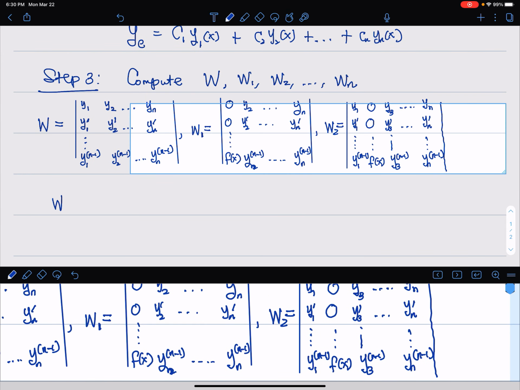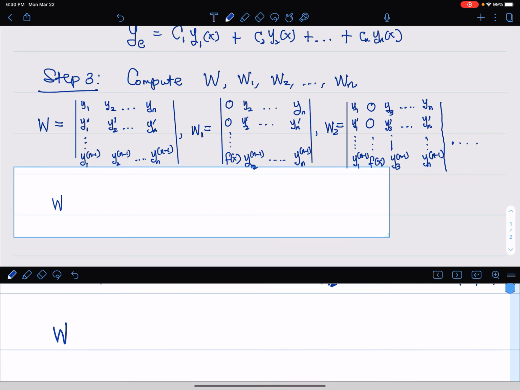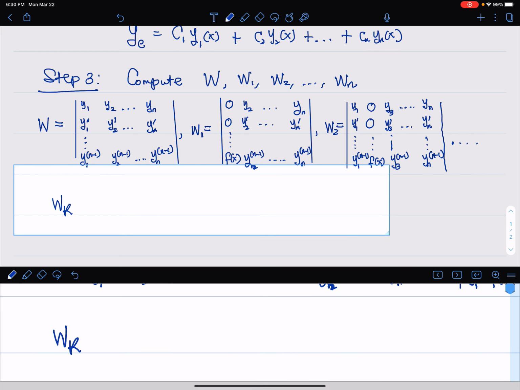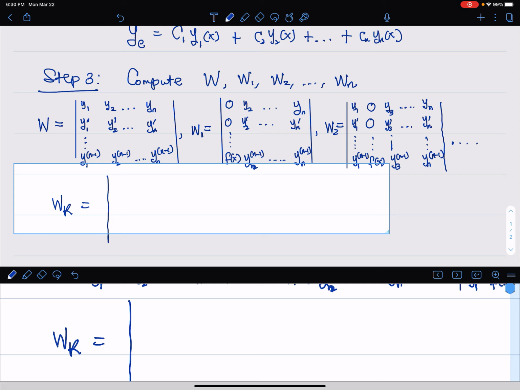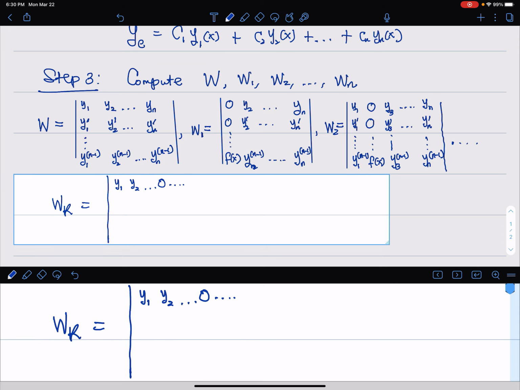So let's keep going. If you have any Wk, you just make the kth column 0. So you have your y1, y2, here you put 0 and you keep going.